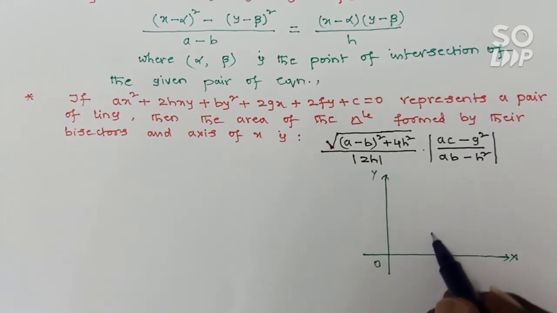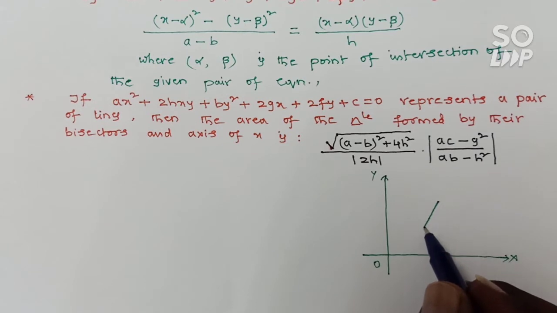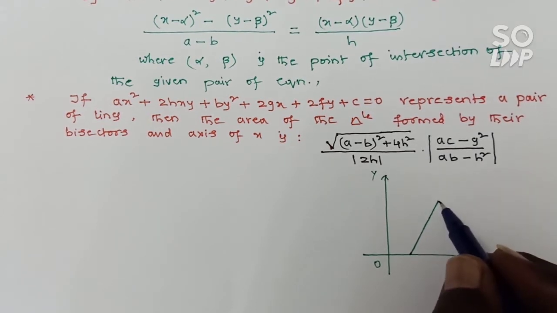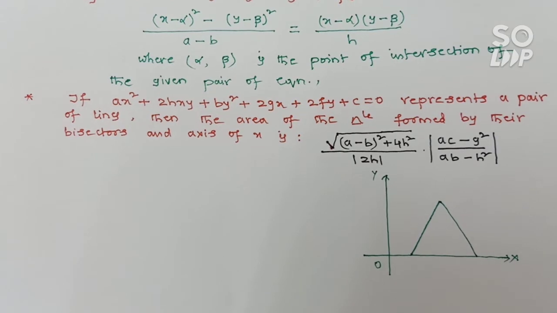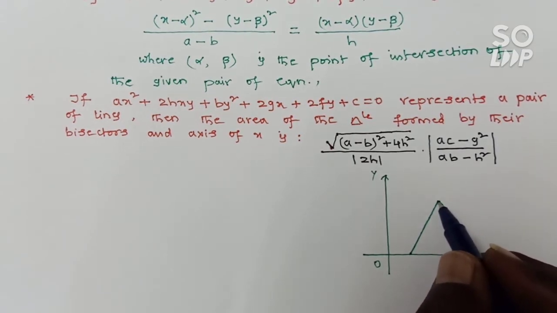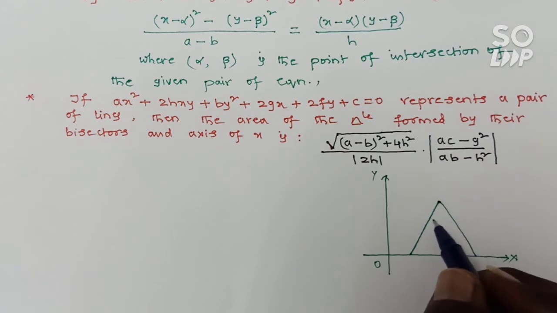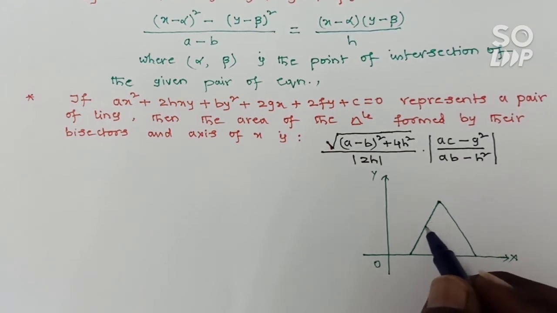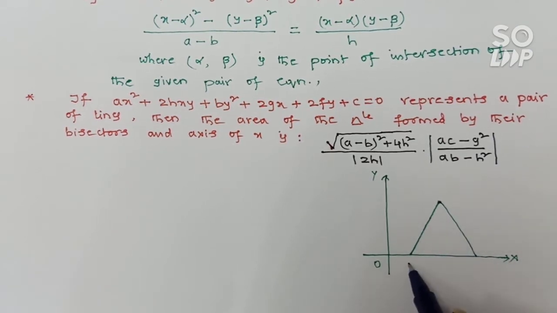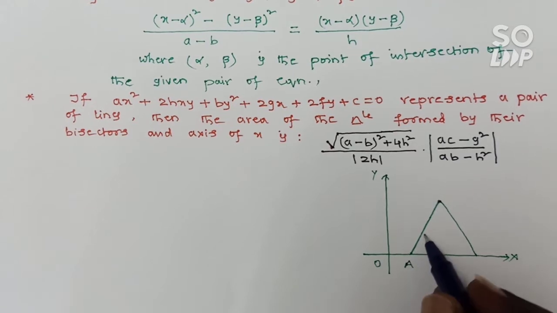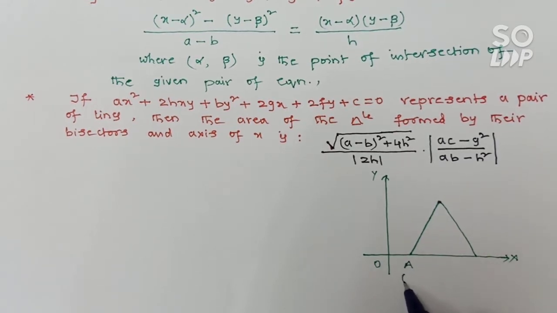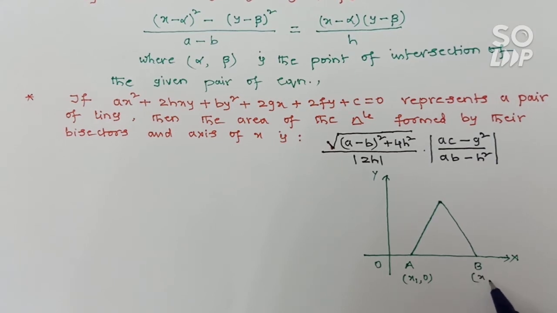Okay, now see this one. Here these two are the angular bisectors. This point is nothing but the point of intersection of these two angular bisectors. Let one bisector intersect the x-axis at x1 comma 0, and the other intersect the x-axis at x2 comma 0, right?